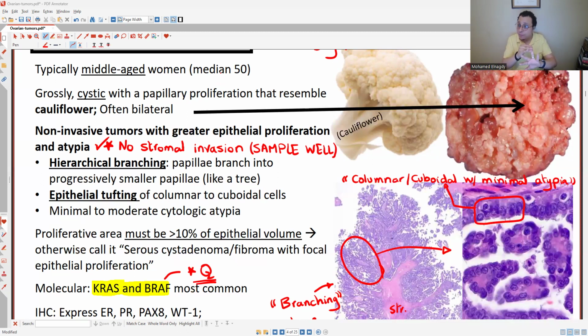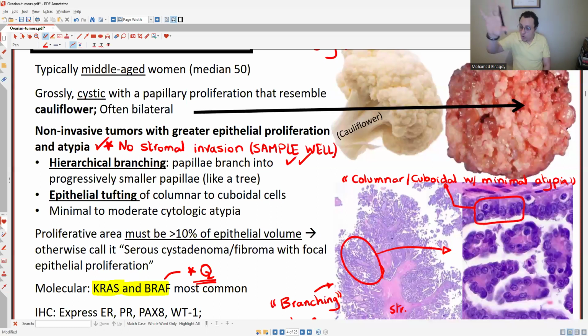And preferably, you take the sections from the solid, papillary, or finger-like areas, okay? That's how we say we properly sample. That's what I mean by sampling well.